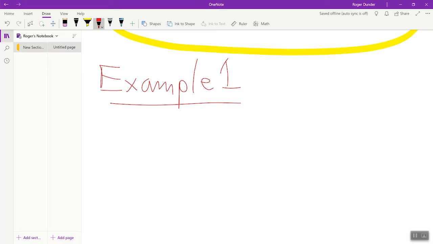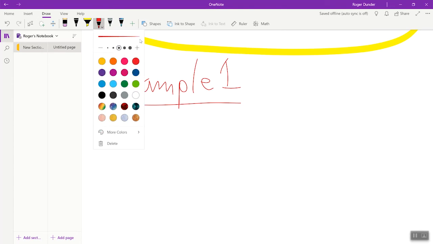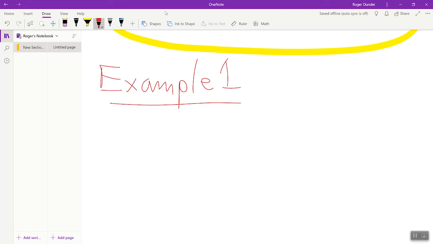x squared minus 2x minus 15 equals 0. Solve this thing for x.